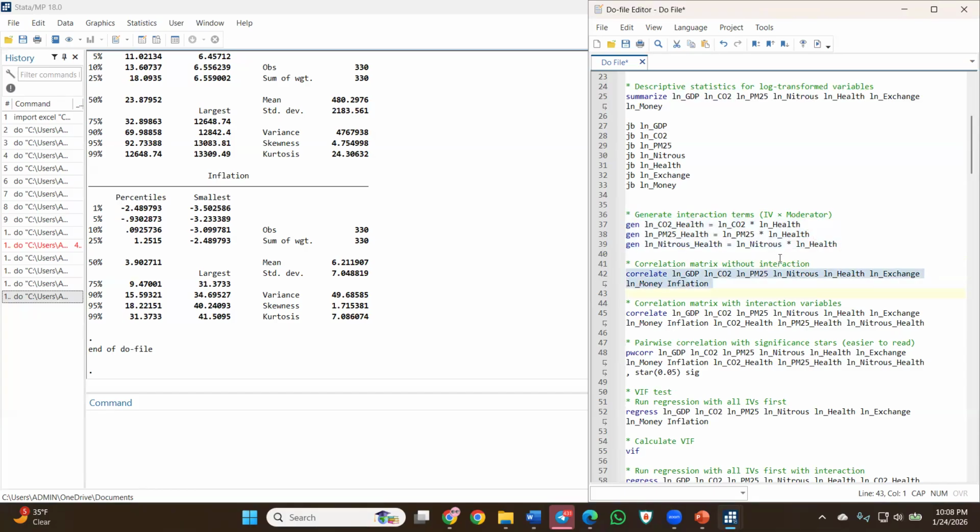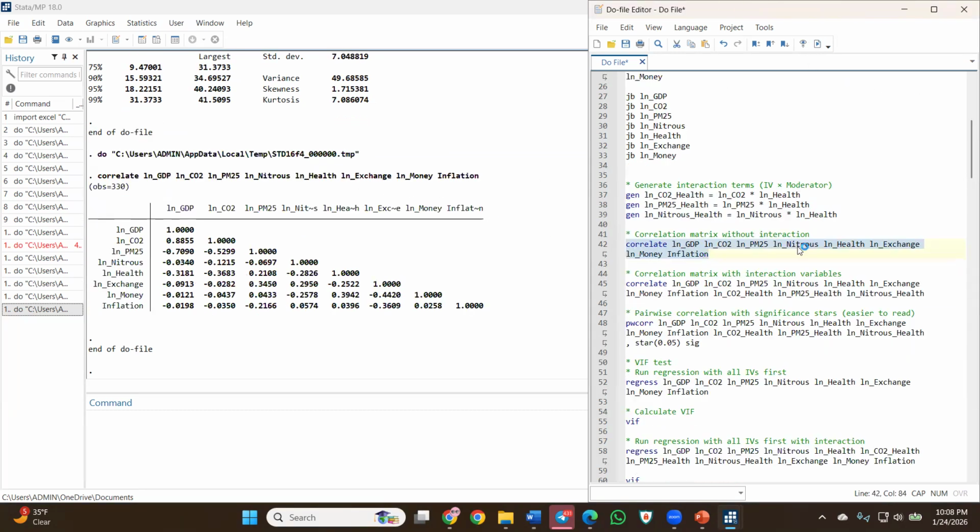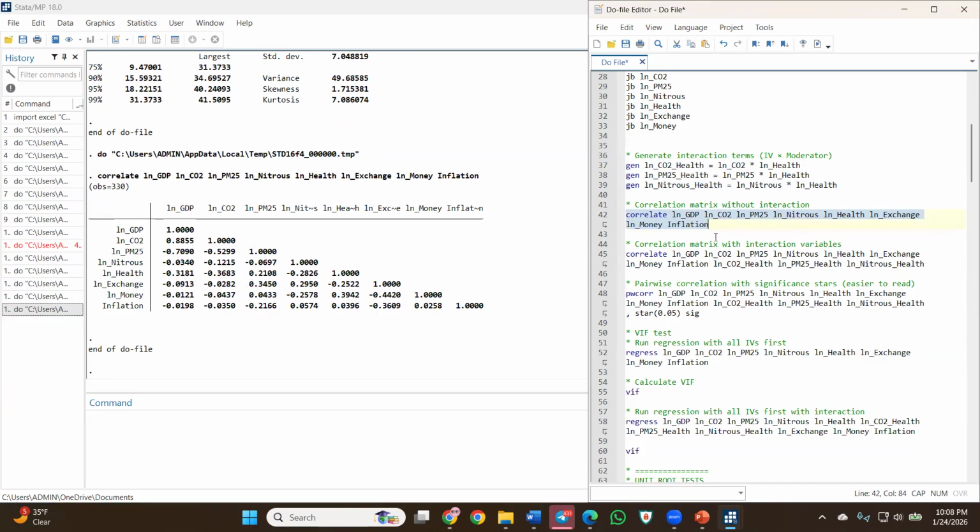And then we did correlation matrices. For the correlation, we did one without the interaction variables, and also one with the interaction variables. And then we did pairwise correlation. I said that the pairwise correlation comes with significance values like this.